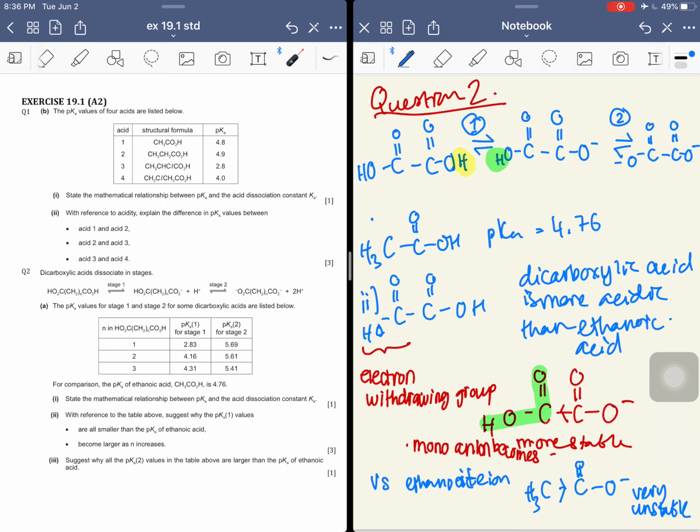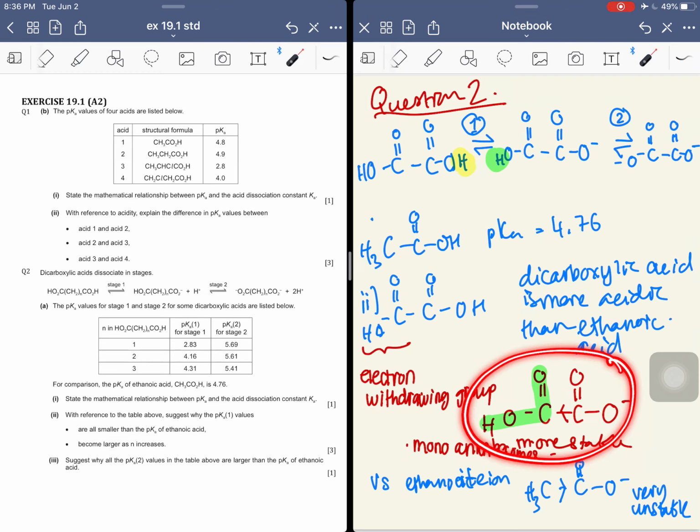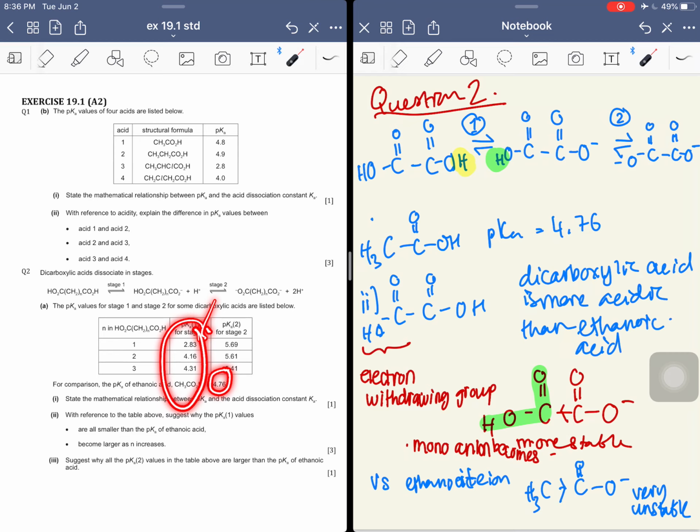If you look at the stability of the anions, the more stable anion will be more likely to be formed, more ionization, therefore more acidic. And from the value of the pKa, compared to ethanoic acid at 4.76, the dicarboxylic acid is more acidic.